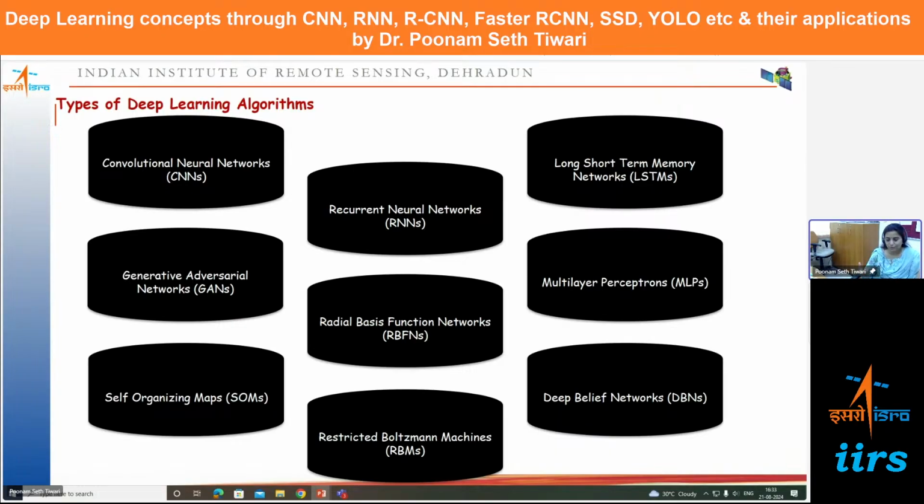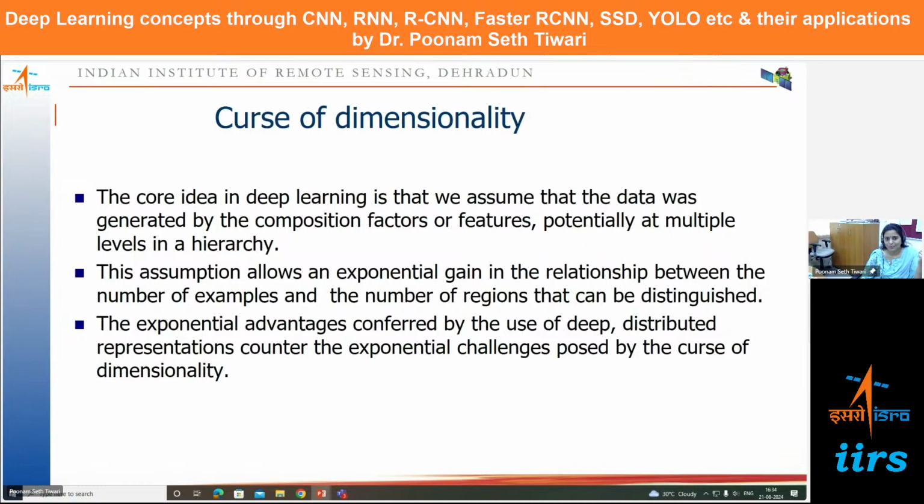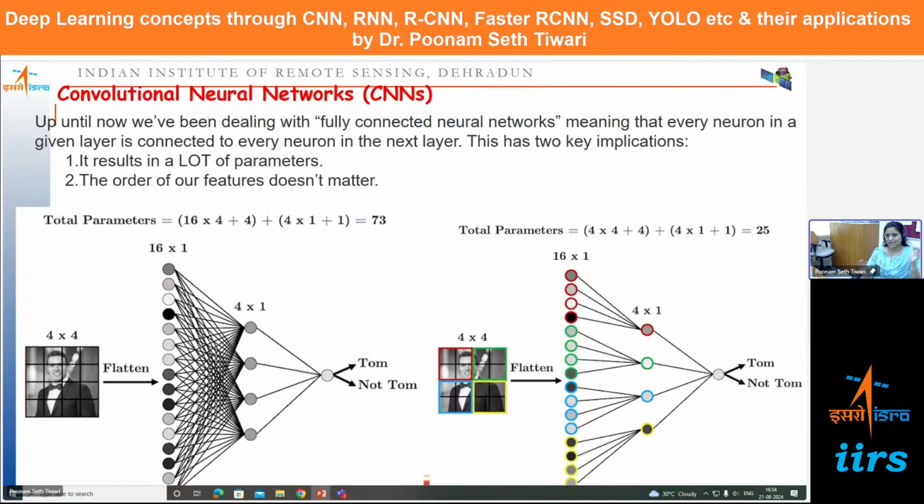So just try to imagine how many weights and biases have to be adjusted, which becomes a really difficult task. So this is the curse of dimensionality. That is why people came up with a solution, and that solution is the convolutional neural network.